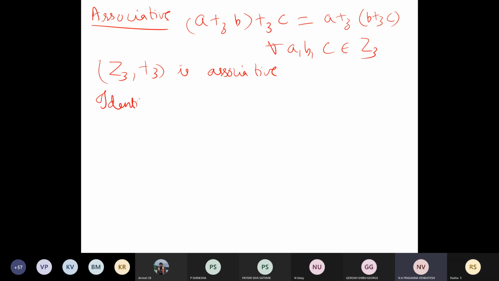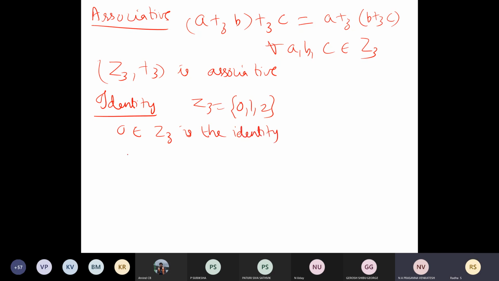Identity. What is the identity element here? 0. So Z3 has 0, 1, 2. 0 belongs to Z3 is the identity for any A belongs to Z3.